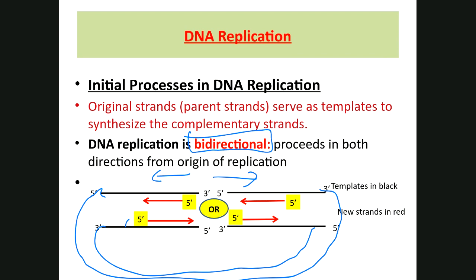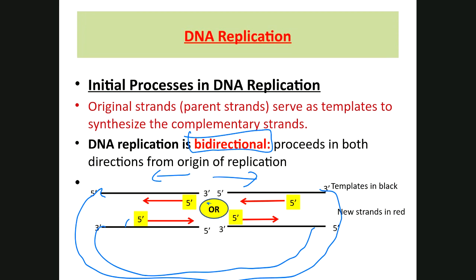The origin of replication is the place where replication starts. And from that point, replication proceeds to the right and left, in both directions. From the origin, this is the 3' strand, this is the 5' strand.